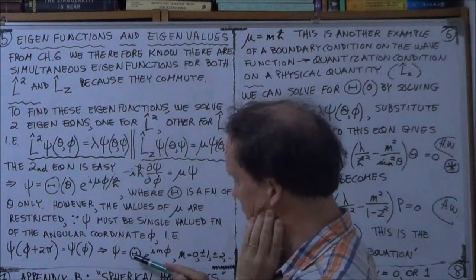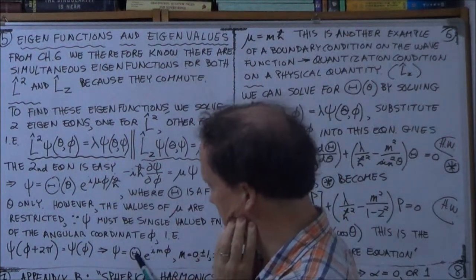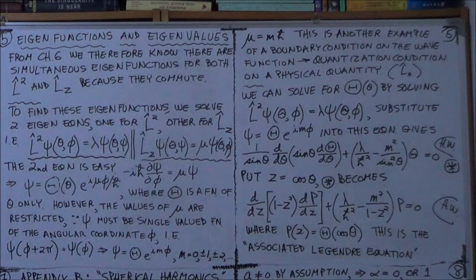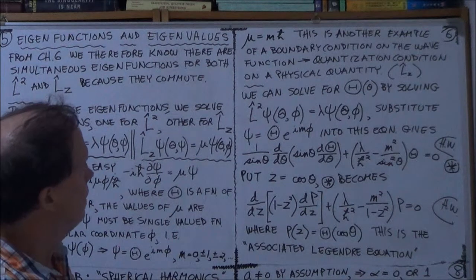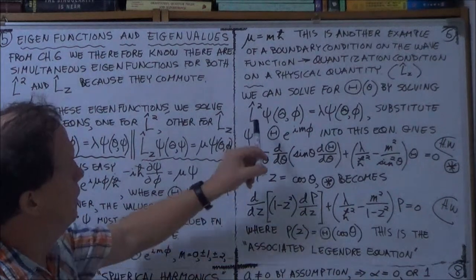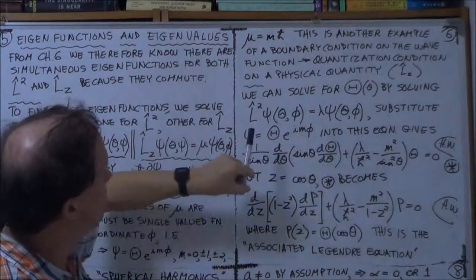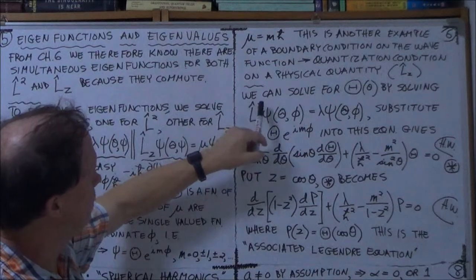So we need now to solve for capital theta. How to do that? Well, we can use the other eigenequation, which we haven't used yet. So instead of having L z hat, we've now got L hat squared.